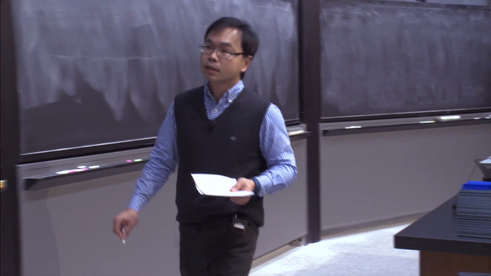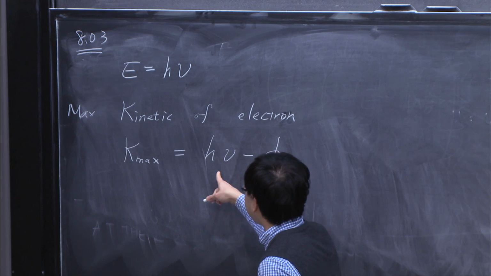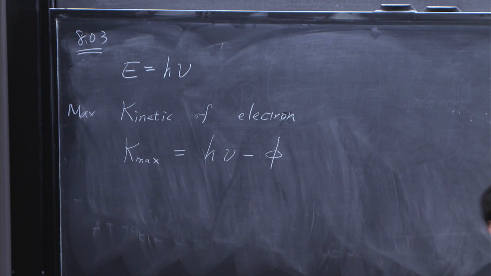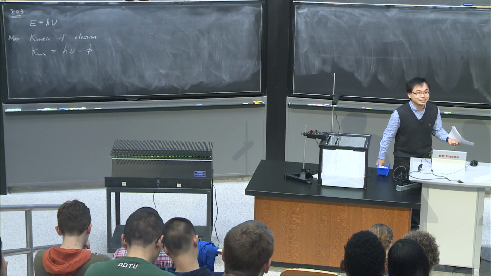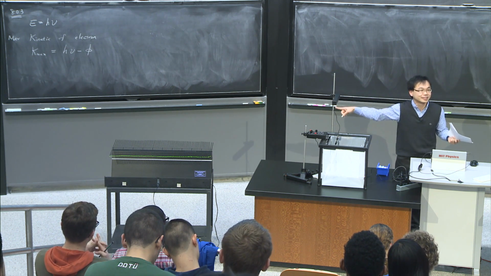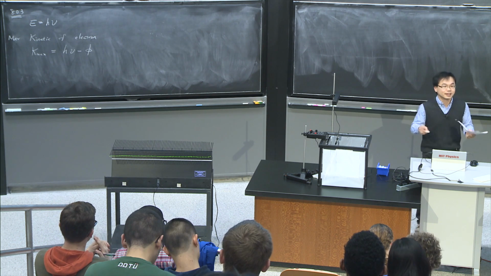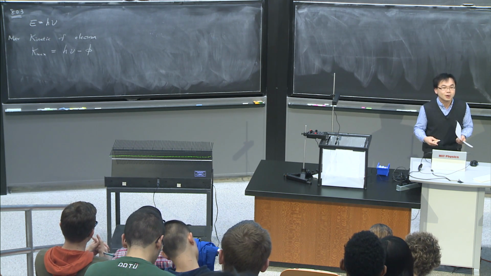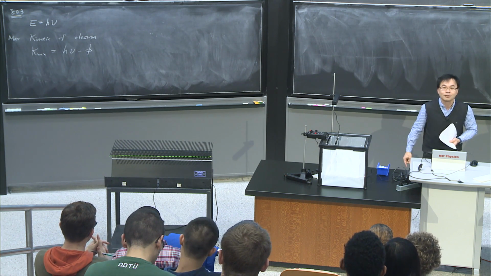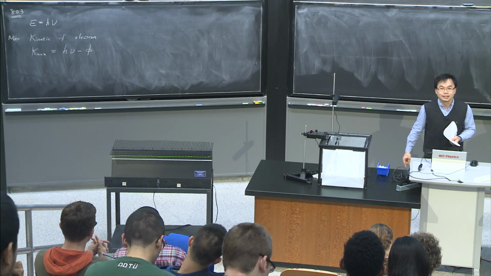Okay. So you can see from here that if the frequency of the light is too low, then this will never work because the maximum kinetic energy will be below 0. Therefore, you cannot kick out an electron. All right?